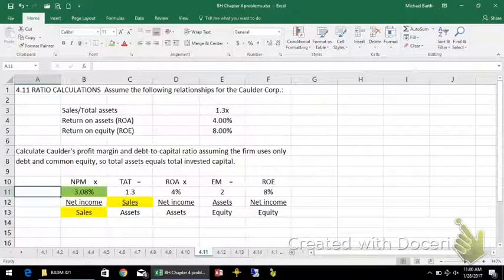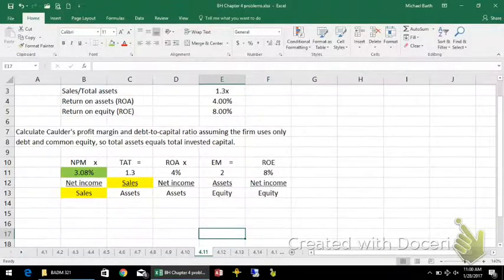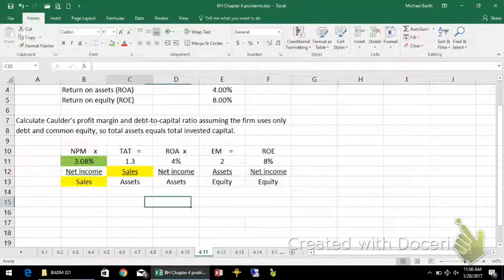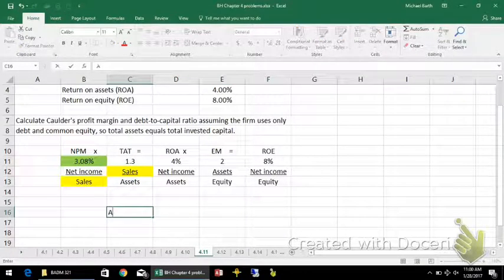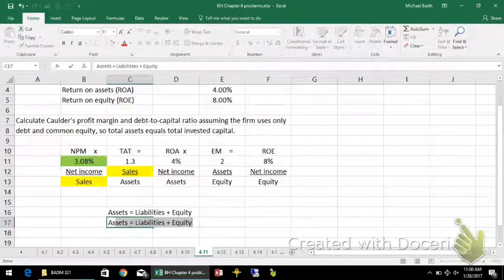And then we're also asked to calculate the debt to capital ratio, which is given in this particular problem. The assets are equal to liabilities plus equity. All right, so assets are also equal to non-invested capital or working capital, plus invested capital plus equity.